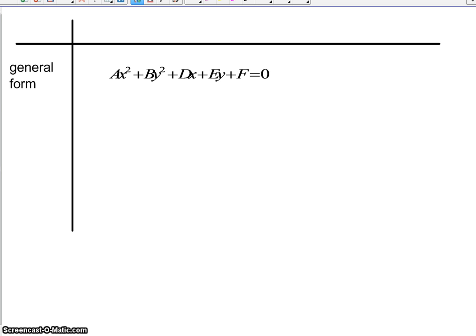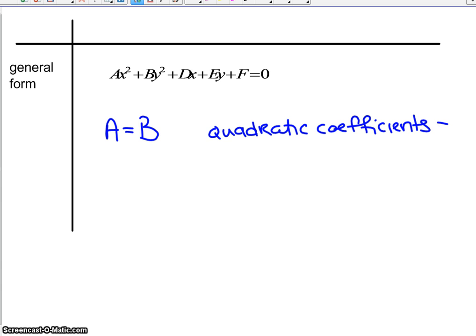Now, the key for me when it's in this general form that tells me that it's going to be a circle is that a and b, the quadratic coefficients, are equal. Okay, that's how I know it's a circle. So if they're not equal, I don't have a circle, I have a different situation, which we'll build on as we go through this chapter.